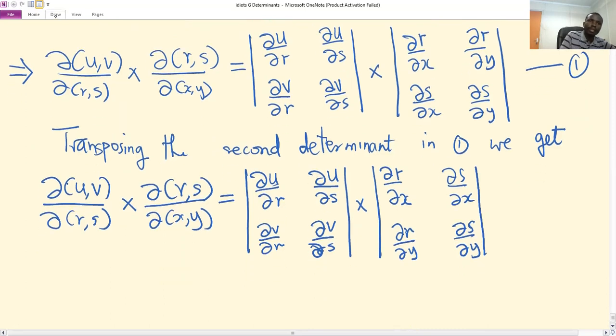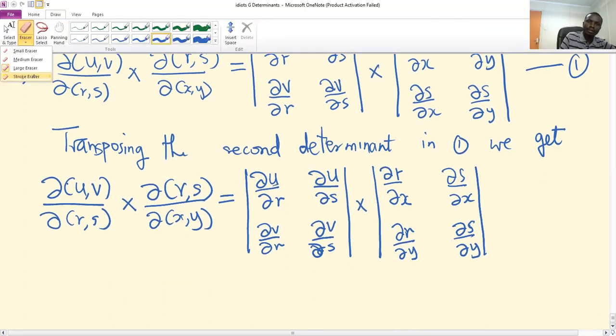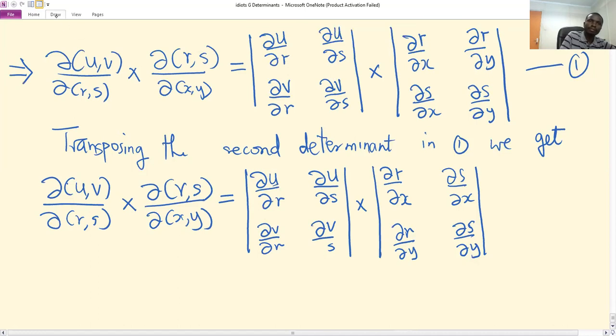Now let's evaluate the product of these two determinants.